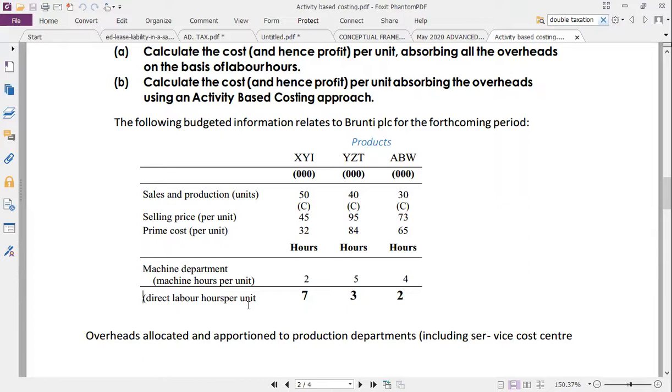So when you get a hard copy, kindly put assembled department. So the top is machine department, where in brackets we have what? Machine hours. When it comes down to the assembled department, in brackets we have what? Direct labor hours per unit.